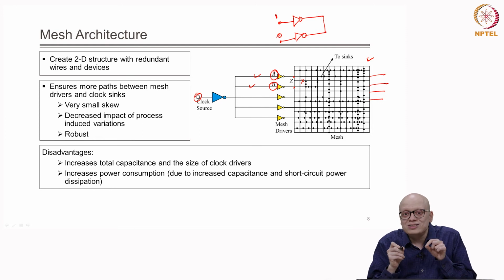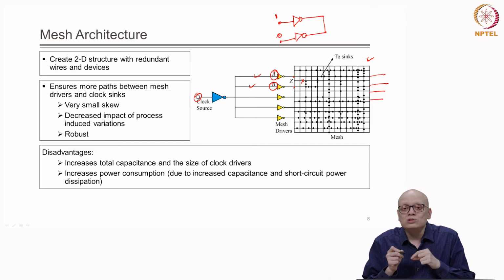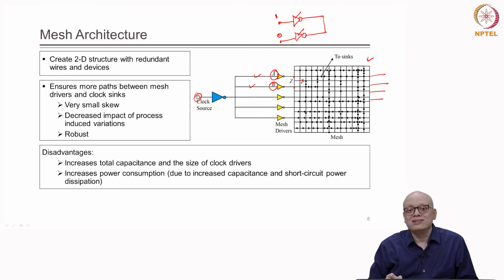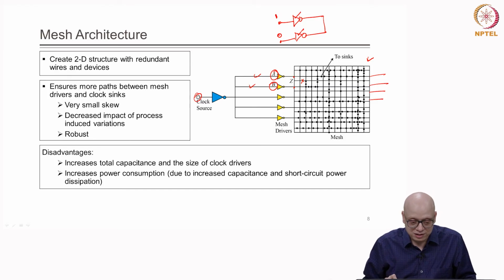Therefore, for a short duration there can be a short circuit path between the power and the ground through the NMOS and PMOS internal to these inverters, and short circuit power dissipation can be higher in mesh architecture. So, we should be careful about the short circuit power dissipation in the mesh architecture of clock distribution network.